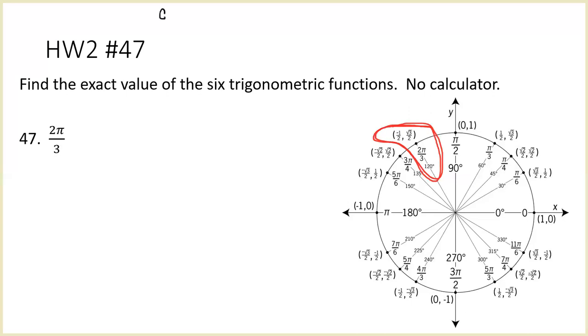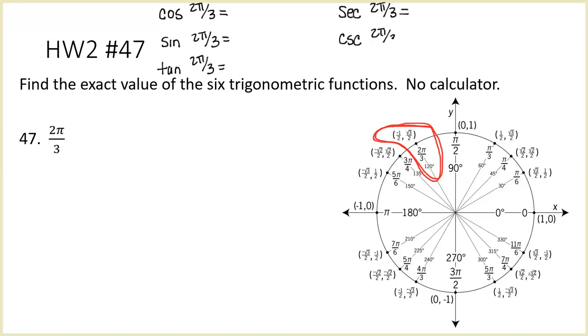So actually, I'm going to start off with cosine. So cosine of 2 pi over 3. Then we have to do the sine of 2 pi over 3, the tangent of 2 pi over 3. And then we're going to do the secant of 2 pi over 3, the cosecant of 2 pi over 3, and the cotangent of 2 pi over 3.